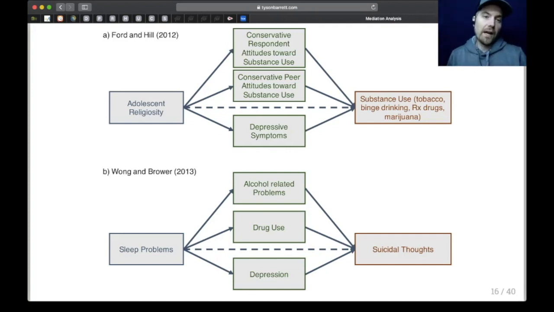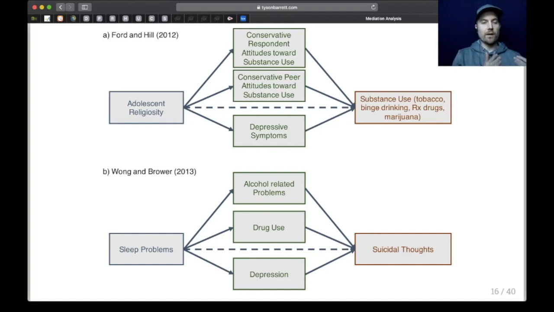Two examples of mediation analysis used in the wild. Ford and Hill used adolescent religiosity as the predictor. It had three mediators: conservative respondent attitudes towards substance use, conservative peer attitudes towards substance use, and depressive symptoms. And its outcome was substance use across a number of substances.